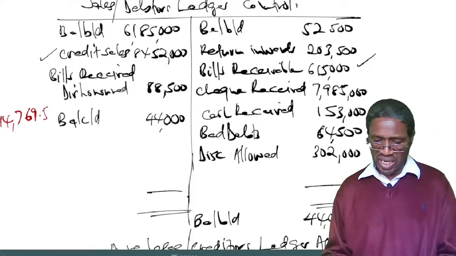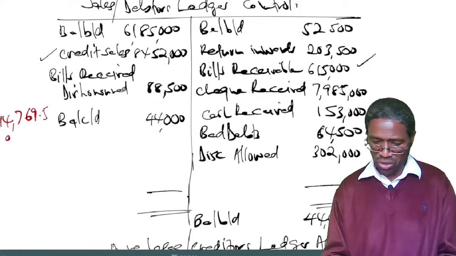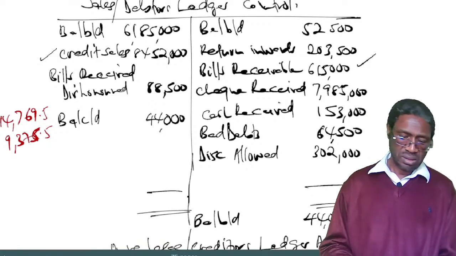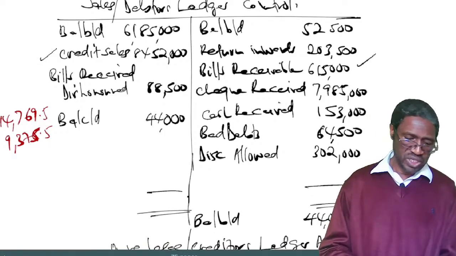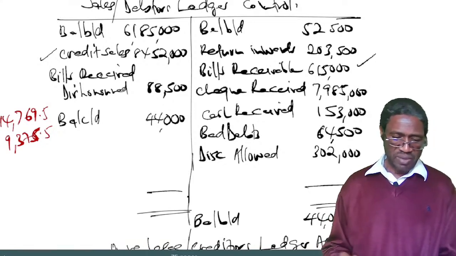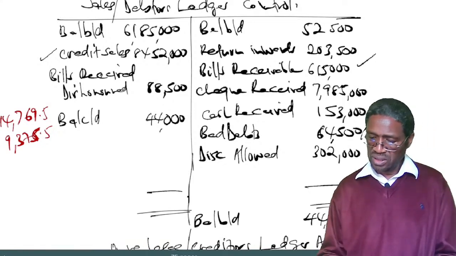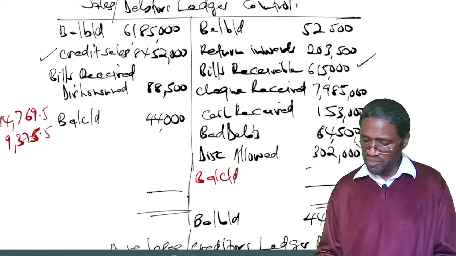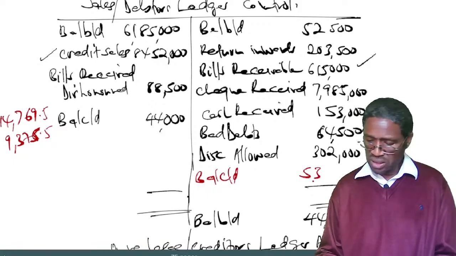On the credit side, I'm getting a total of 9,375.5. Now I get the difference. So I subtract from 14,769.5. I'm getting a carry down balance. Come and see your balance carry down. We are getting 5,394,000. Good.